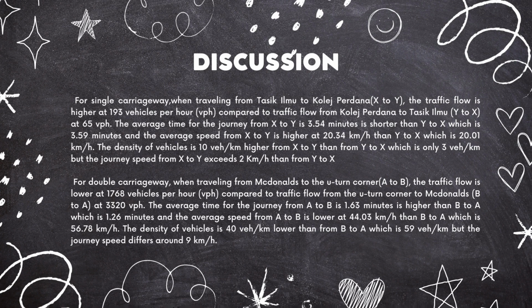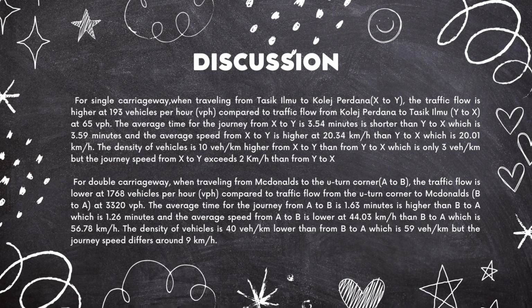The average speed from X to Y is higher at 20.34 km per hour than Y to X, which is 20.01 km per hour. The density of vehicles is 10 vehicles per kilometer, higher from X to Y than from Y to X, which is only 3 vehicles per kilometer, and the journey speed from X to Y exceeds Y to X by about 2 kilometers per hour.